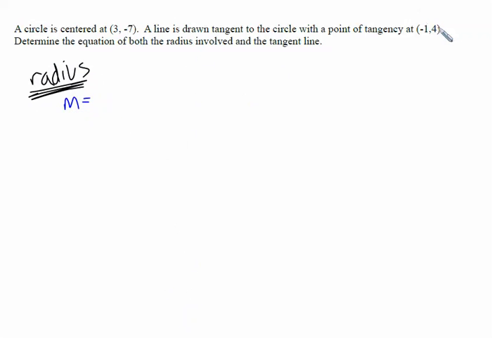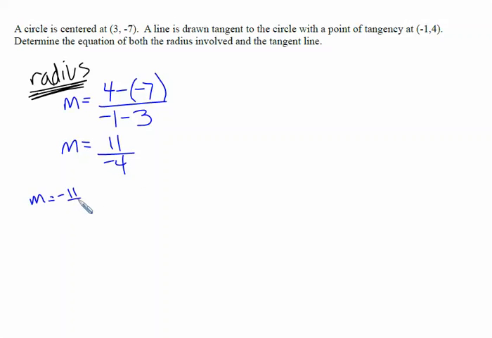And slope, remember, is y2 minus y1 all over x2 minus x1. And as we polish this off, 4 plus 7 is 11 up top. The bottom is a negative 4. So we know that the slope is negative 11 fourths.